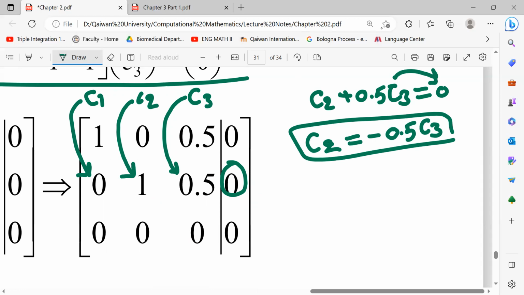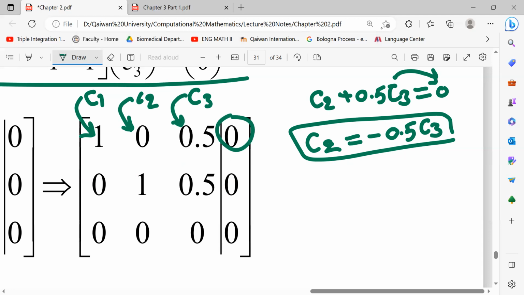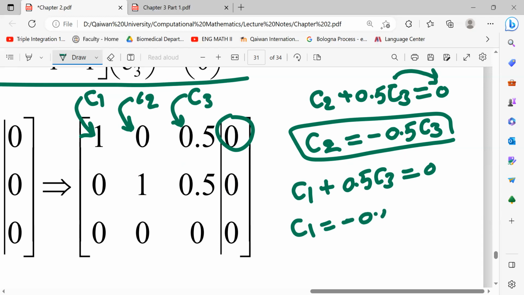Then, in the first row, C1 times 1 plus C2 times 0 plus C3 times 0.5 is 0. We get C1 plus 0.5 C3 is 0. So C1 is minus 0.5 C3.